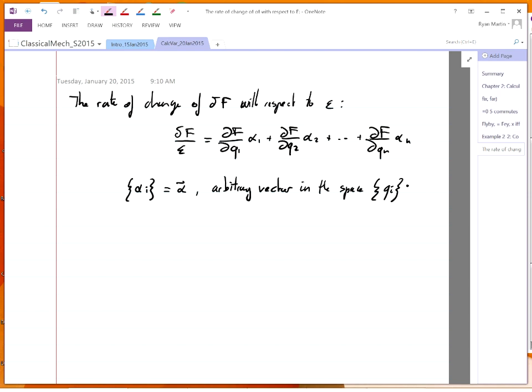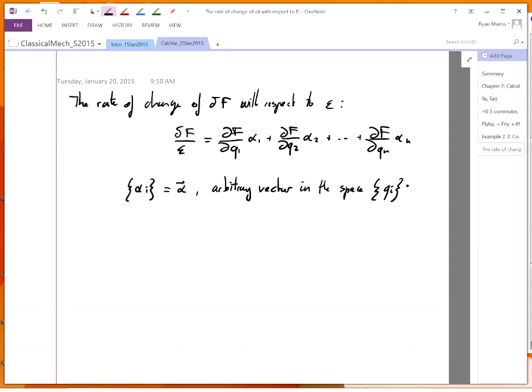So it's basically saying alpha, that vector itself, is an arbitrary direction along which you go to see if the surface is changing.